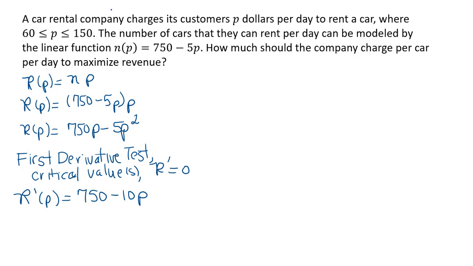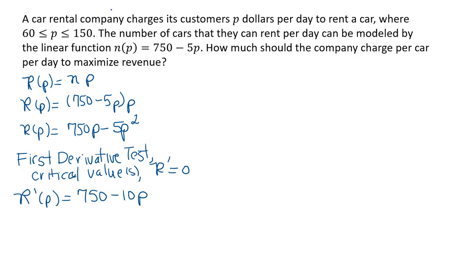Critical values are where the x values, or in this instance, the P values, where the first derivative equals 0, or where the derivative is undefined. Since this derivative is a polynomial function, there are no values for which the derivative is undefined. Thus, all we need to do is set the derivative equal to 0 and solve.